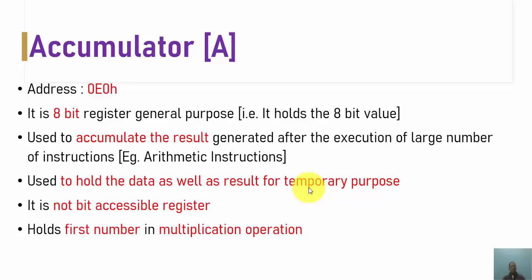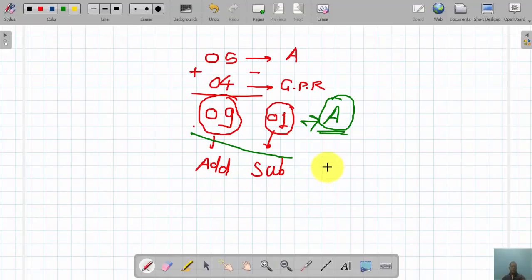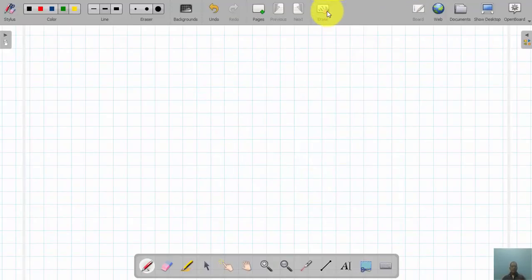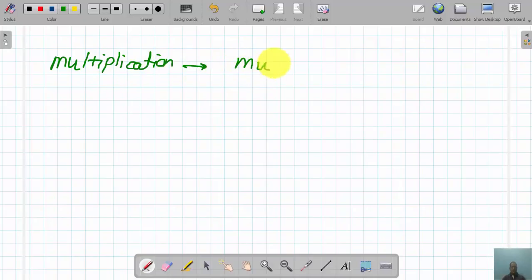So in the case of the microcontroller, to perform the multiplication operation, one instruction is present and that instruction is called MUL. And for the division operation, the second instruction is called DIV.